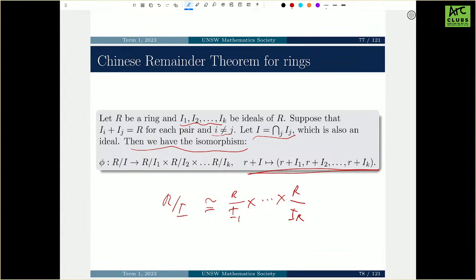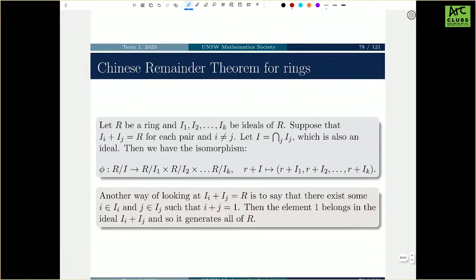We just send any element r in R, from its coset, to the corresponding coset in each ideal.